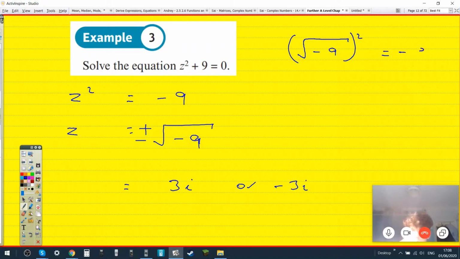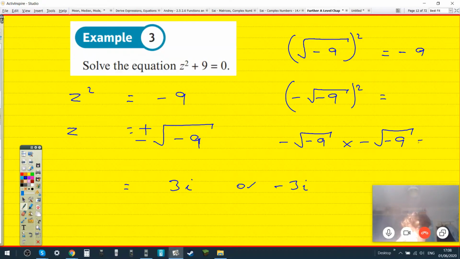Minus 9, because the square root and the square cancel out. How about negative square root of minus 9 squared? It will be minus root minus 9 times minus root minus 9.